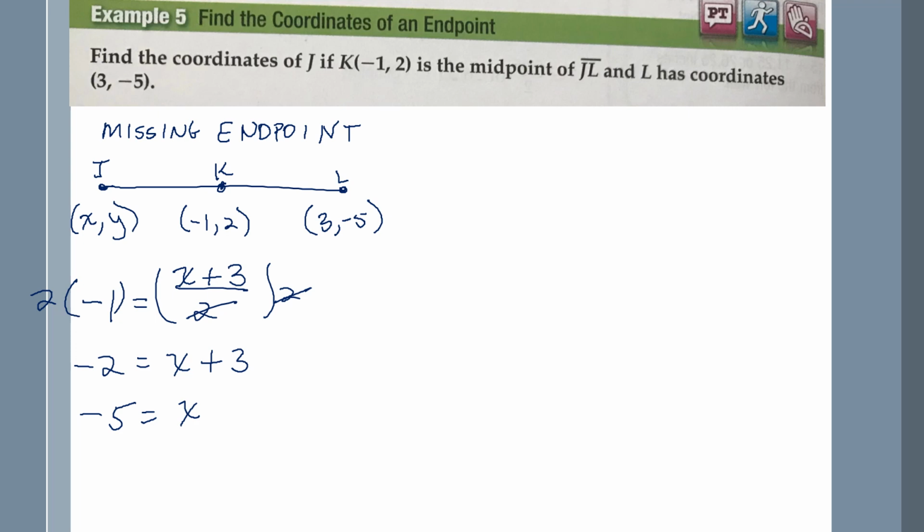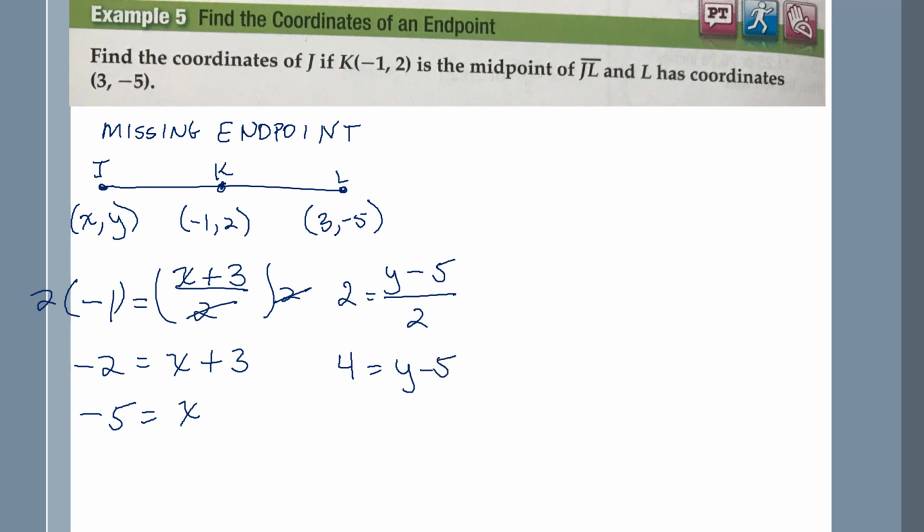Do the same process with Y. So 2 is equal to Y plus negative 5, which is just Y minus 5, over 2. So we're going to multiply each side by 2, and I end up with 4 is equal to Y minus 5.